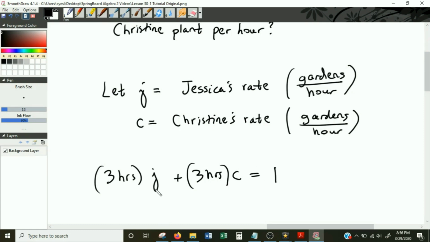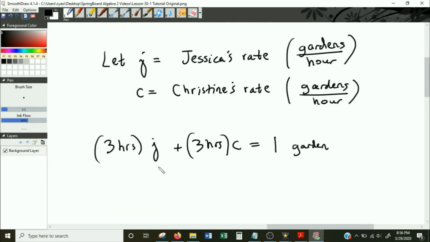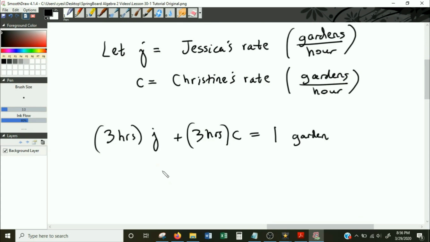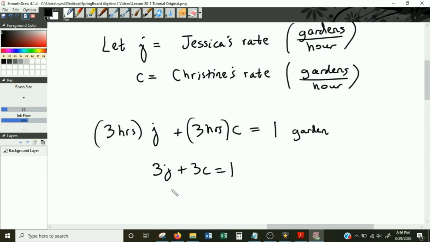In 3 hours, at each of their respective rates, J and C, they add up to planting 1 garden. So I can simplify this by saying it's 3J plus 3C equals 1. Okay, so J and C are clearly going to be fractions because they cannot plant more than 1 garden in an hour. It takes too long.